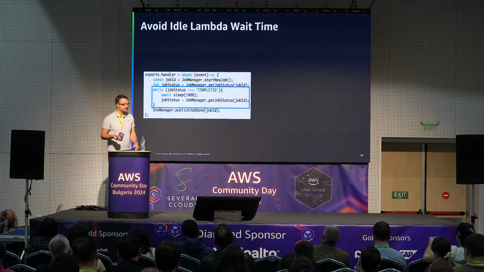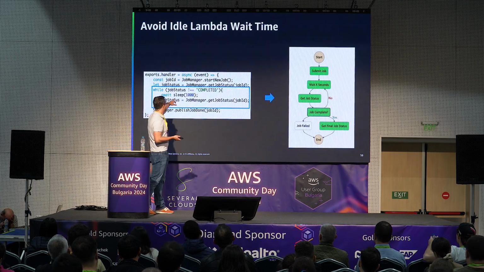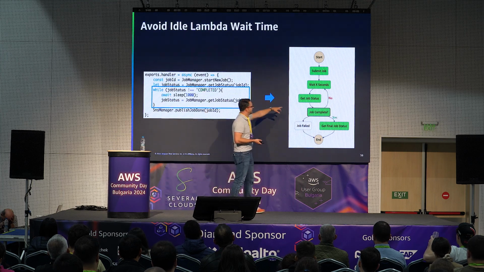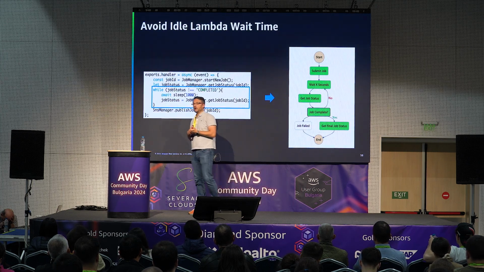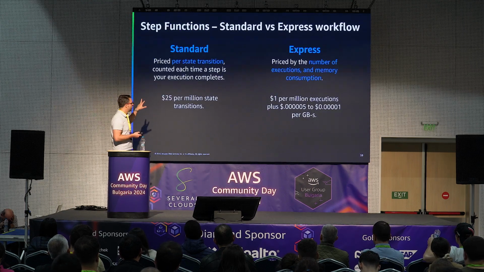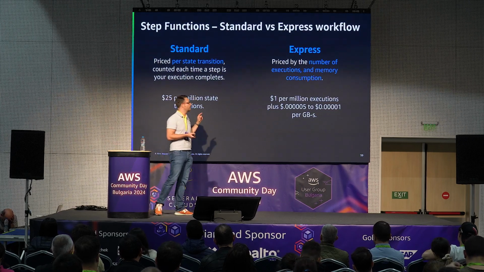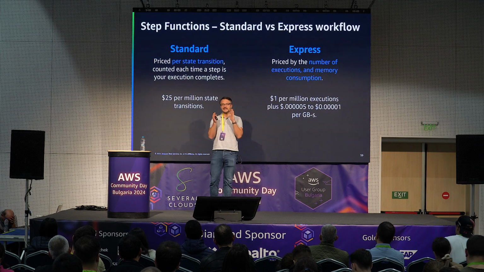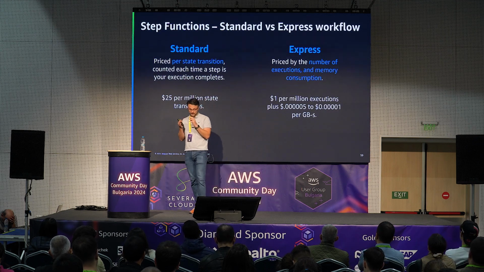Again, a simple example: you wait for some job to be done, you can implement that as a step in Step Functions, and then it will be more cost effective. With Step Functions there are two different types, and it is very important to understand them because they differ significantly in terms of functionality and in terms of price model.